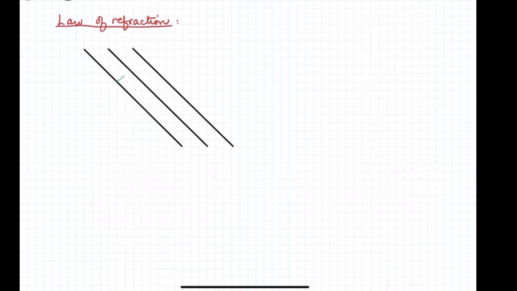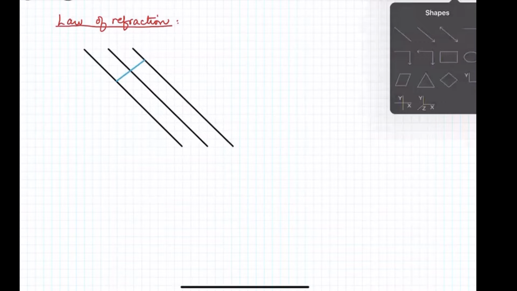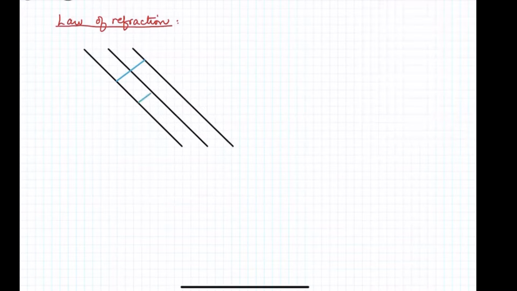And as always, we're going to draw our wavefronts. And I'm going to call them points A, B, C, D, E, F, and G, H, I.